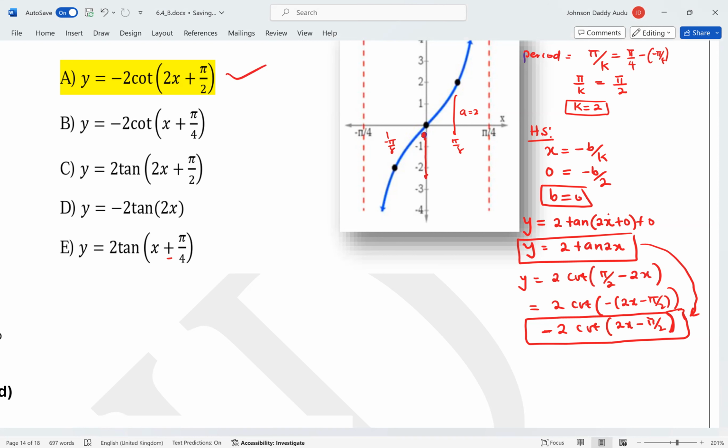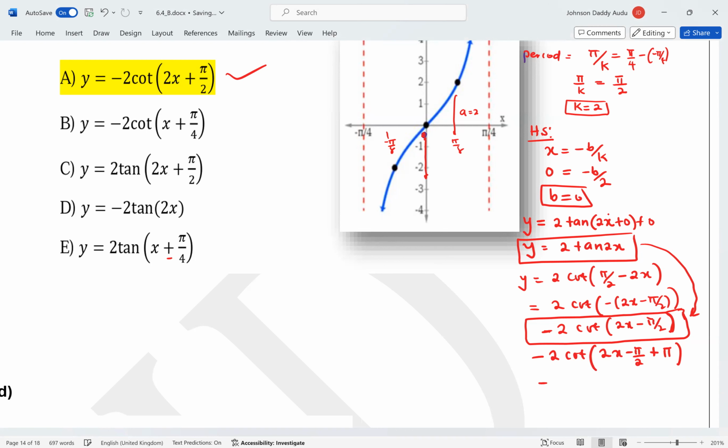You see, here is 2x minus pi over 2, but this is the same because you know cotan has a period of pi. So since it's a period of pi, you can add pi to the angle. This is minus pi over 2. You can add pi to it, and the values will be the same.